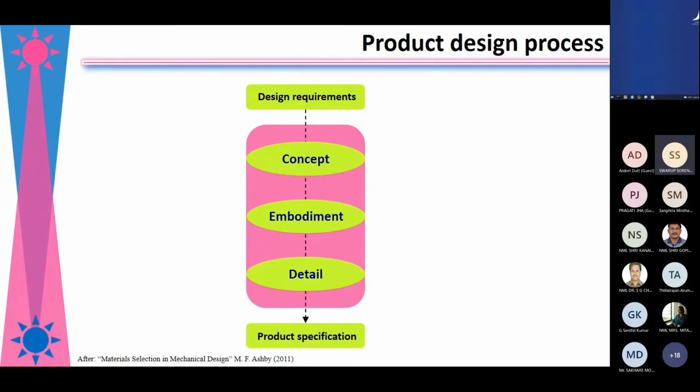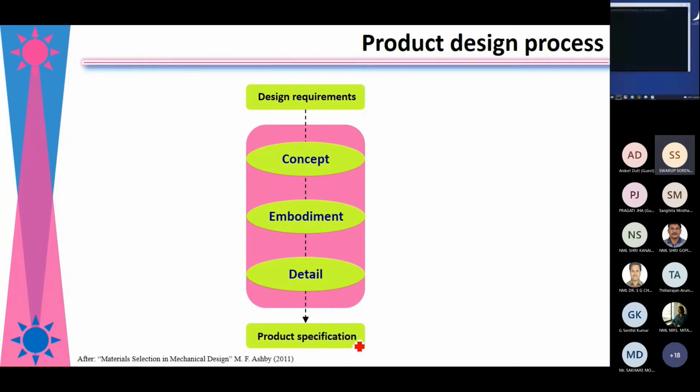So what is the design process? If design requirements are known, that you go to market and know what you require, and then you conceptualize the product, then there is what the product would embody, and then what would be the details of the product. All those things give rise to the product specification.